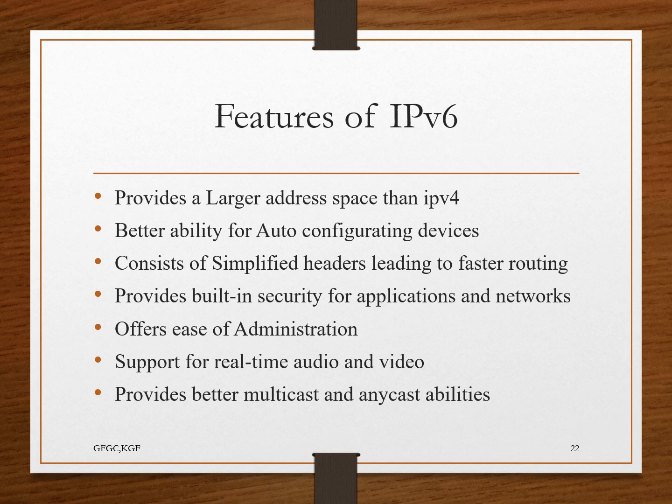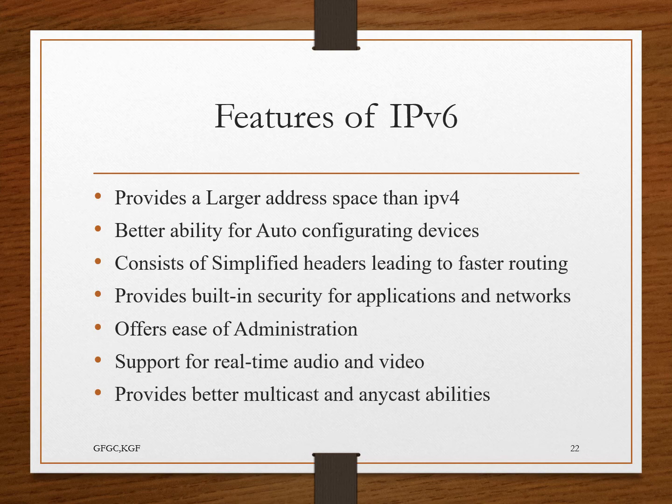Next is auto configuration, which allows devices to automatically configure their IP address and other parameters without the need for a server. It also consists of simplified headers, which leads to faster routing, and it has better built-in security for applications, which is provided by the network layer, which adds Internet Protocol security encryption to all the nodes.